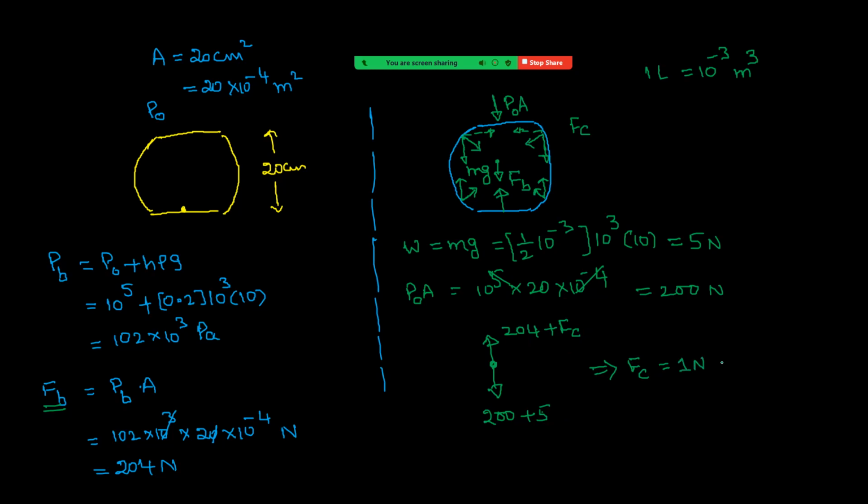It is vertically upwards. Okay. So like this, we can calculate force by the vessel on liquid by the curved part. I hope you got clarity. Let us see the next one.